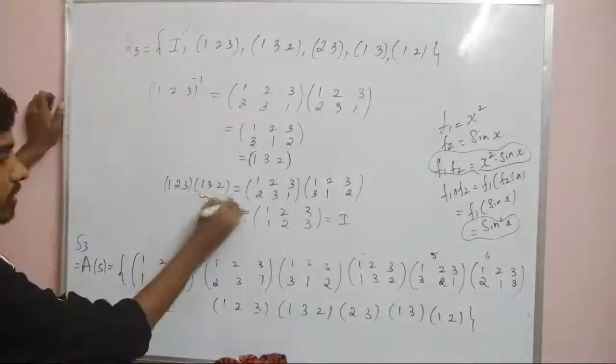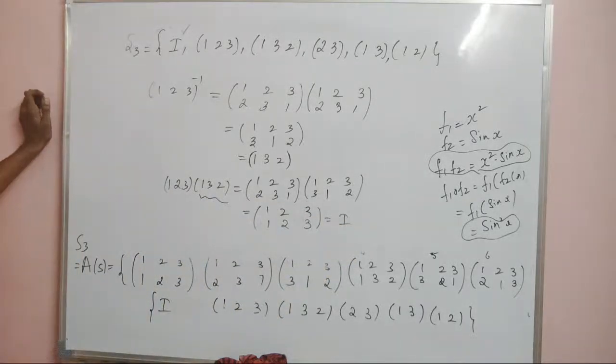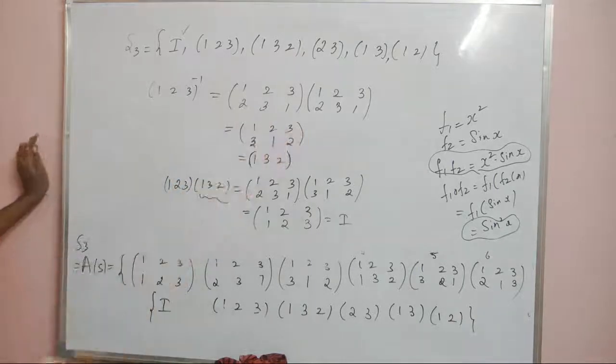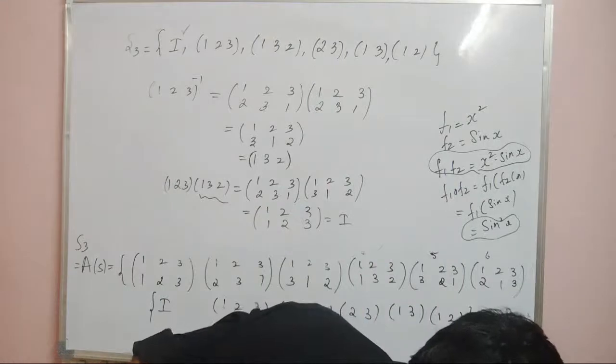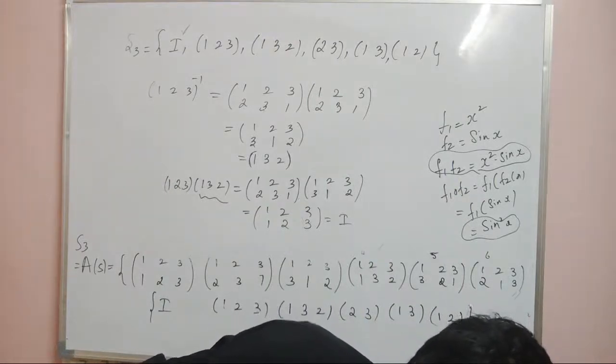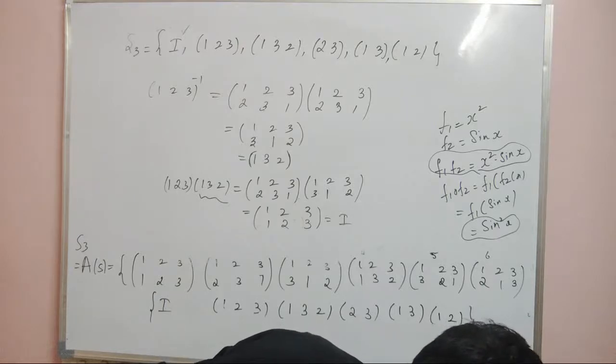That means this is the inverse. So you can find the inverse by just permuting that permutation with itself, and we will get the ID element for every element. So therefore we have shown that the set of all one-to-one mappings that we can define with three elements forms a group.